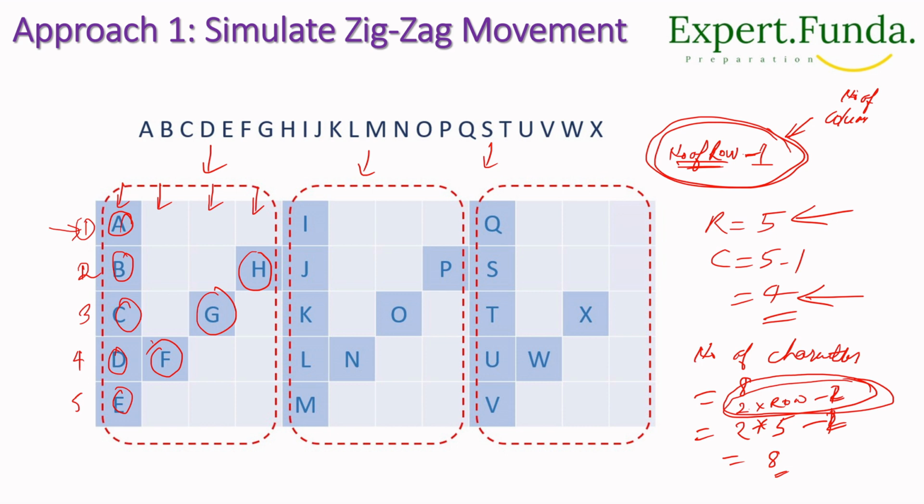Let's suppose you have n characters. So if you have n characters, how will you get the total number of characters? We have to define n divided by the number of rows we have, minus 2 characters.